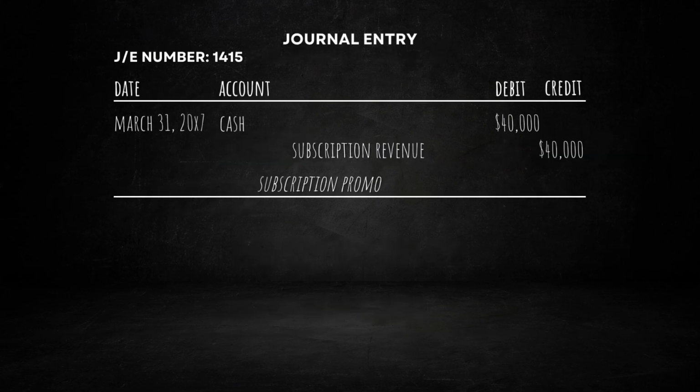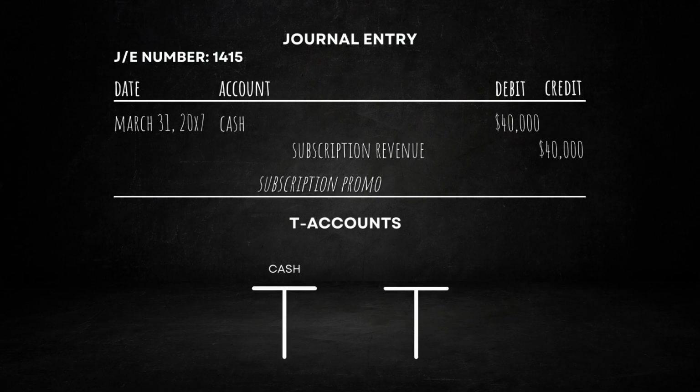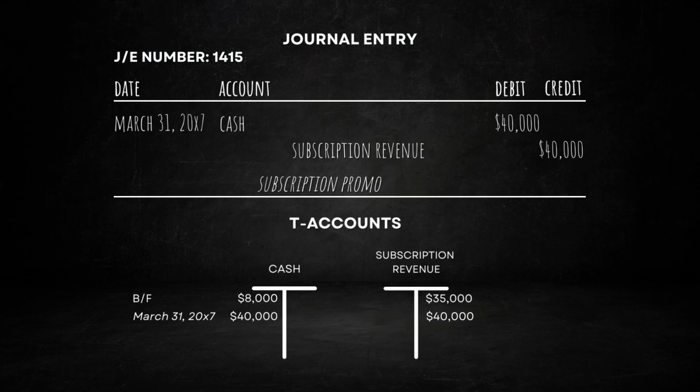To visualize the impact of the journal entry, we can use T accounts. Imagine two T's labeled cash and subscription revenue. Debits go on the left side while credits go on the right side. When posting the journal entry, you debit $40,000 on the left side of the cash account and credit $40,000 on the right side of the subscription revenue account.